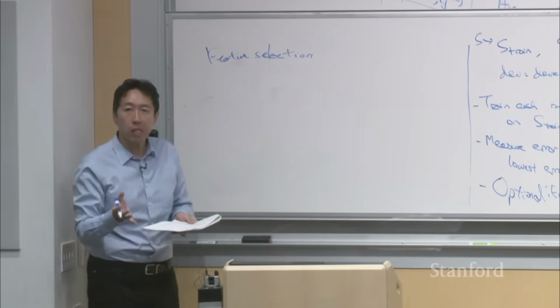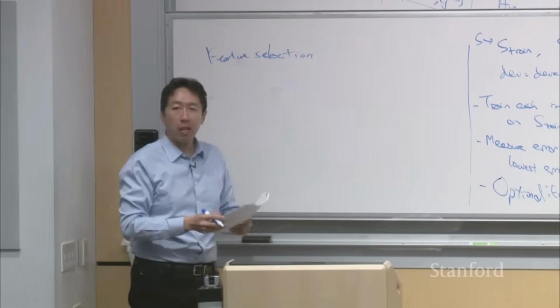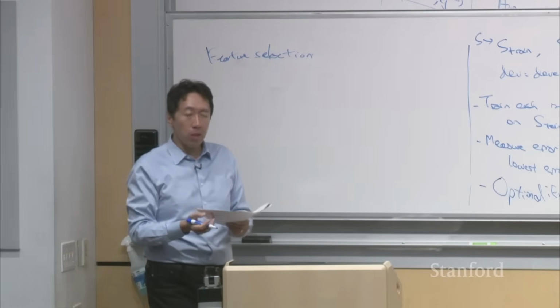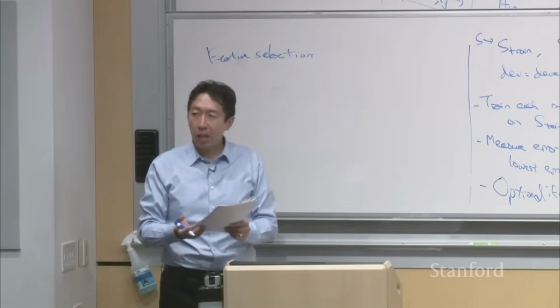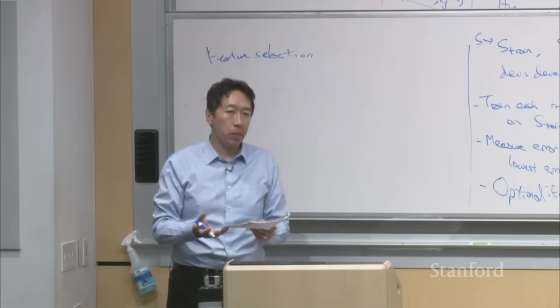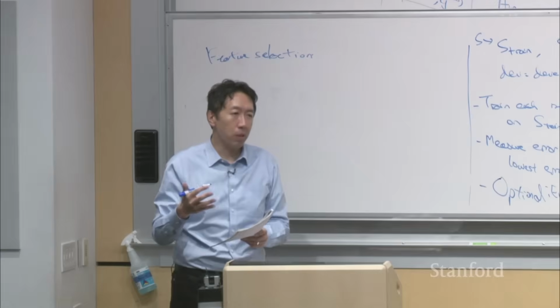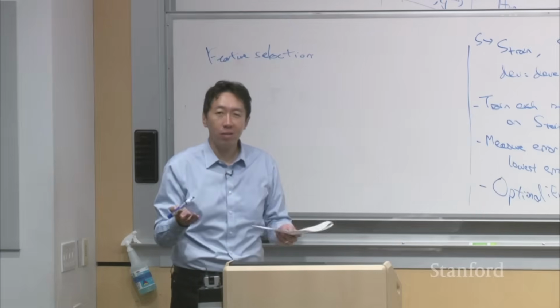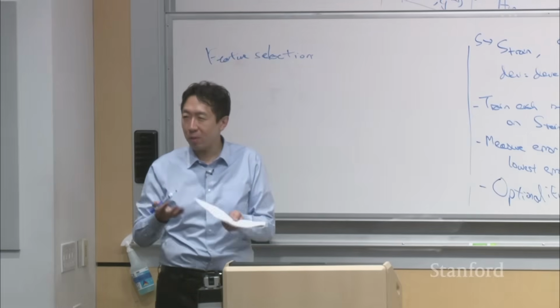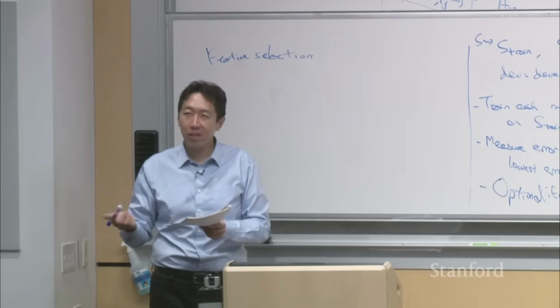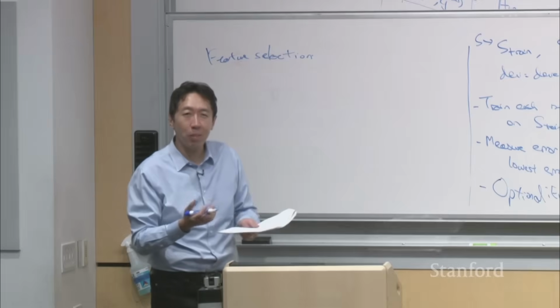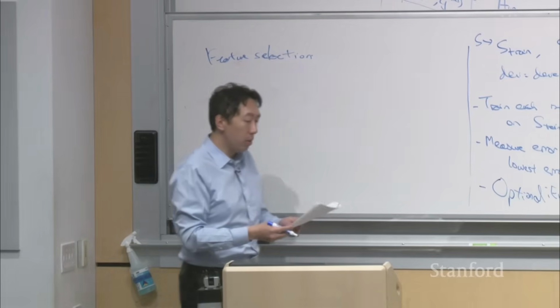So let's take text classification. You might have 10,000 features corresponding to 10,000 words, but you might suspect that a lot of the features are not important, right? Whether the word "the" appears in an email or not doesn't really tell you if it's spam or not spam. These are called stop words. They don't tell you much about the content of the email.